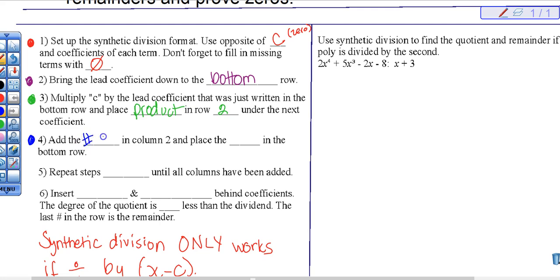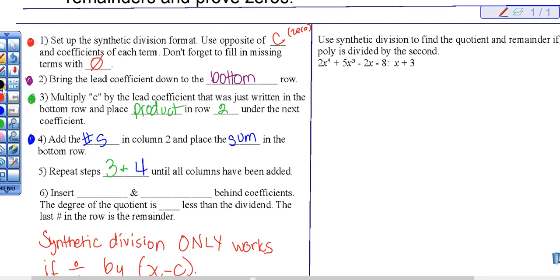Add the numbers in column 2 and place the sum in the bottom row. And don't put your blue pen down. We're going to repeat steps 3 and 4, and step 4 is in blue. Then I'll go back and grab my green pen. We're going to do 3 and 4. And then I'll pick up my pencil, and I'm going to write my answer.